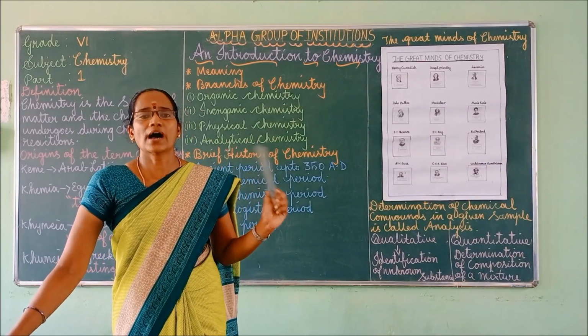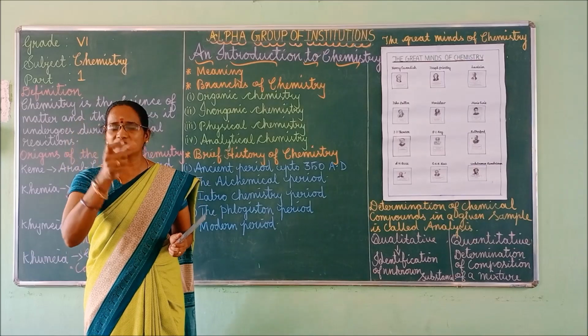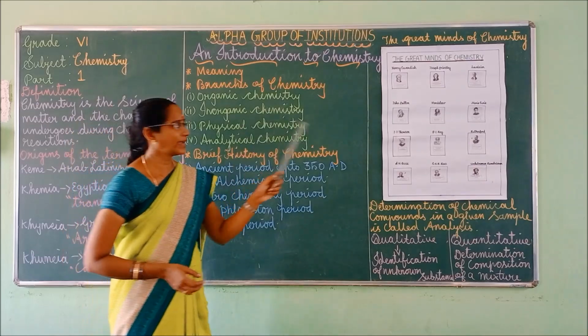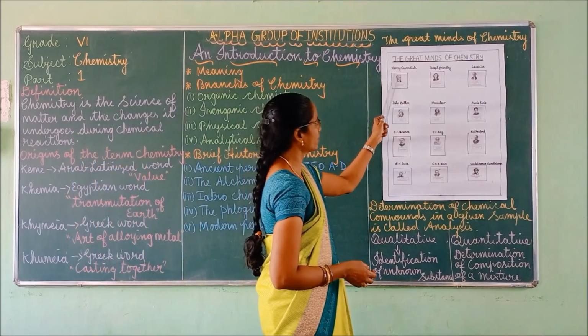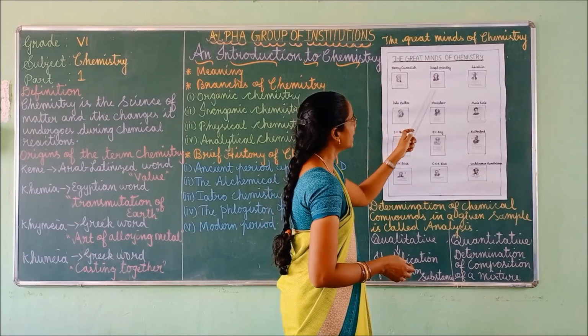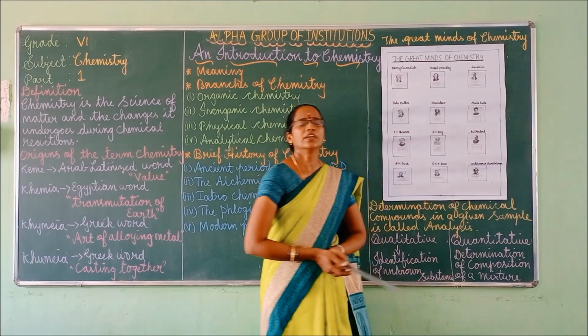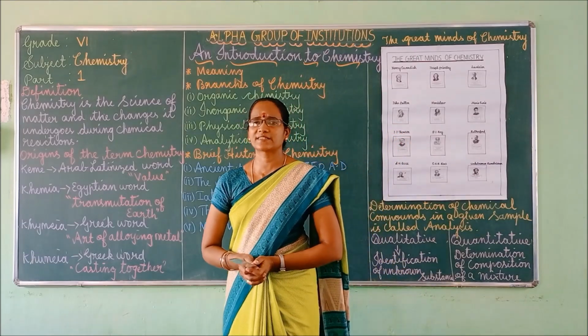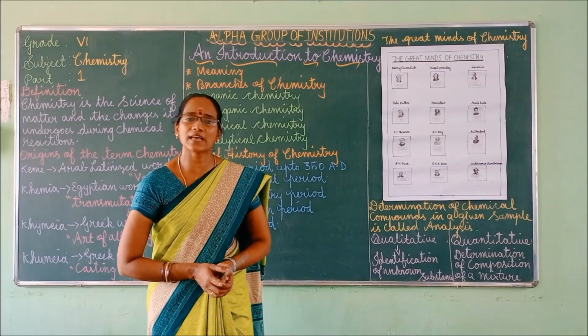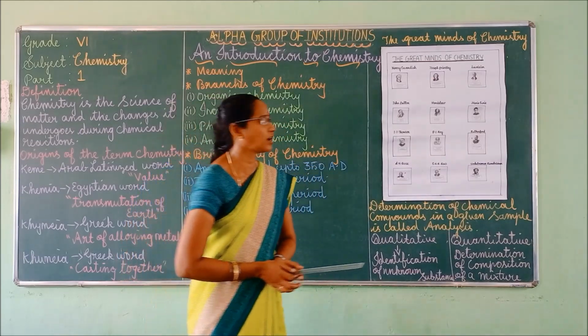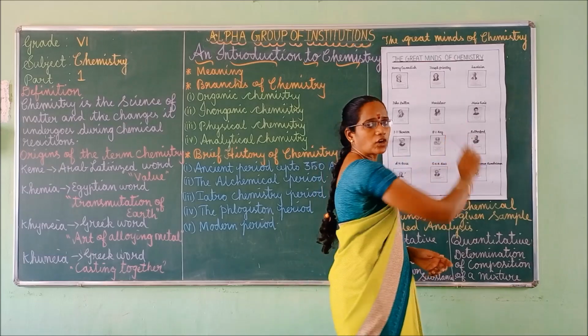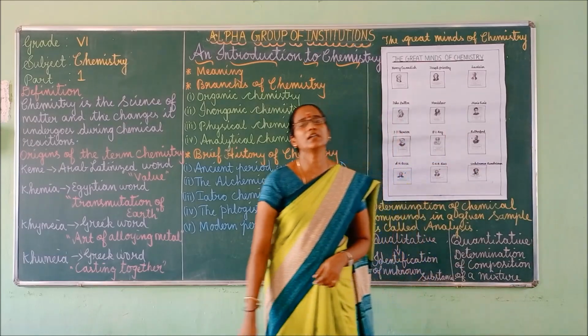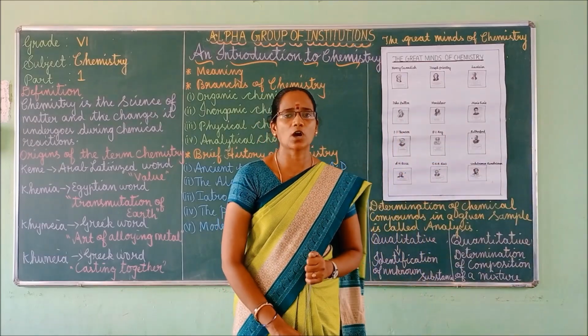He worked with hydrogen in his laboratory and gave the name hydrogen. Next, Joseph Priestley. He also worked with many gases like carbon monoxide, sulfur dioxide, etc. Next, Lavoisier, I already told you, he proposed the law of conservation of mass.